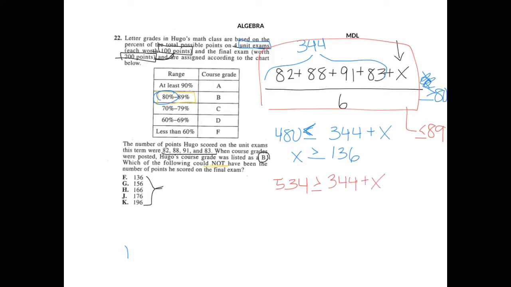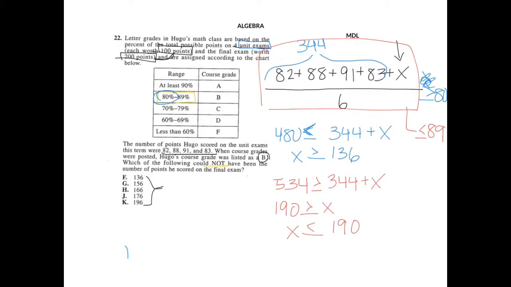So 534 minus 344 gives us 190 is greater than or equal to x, and we make it easier on our eyes by saying x is less than or equal to 190.